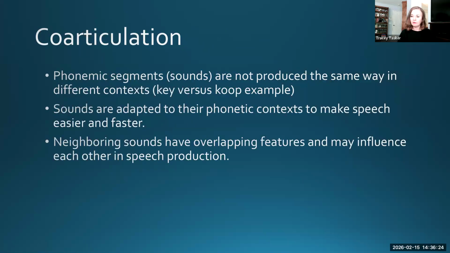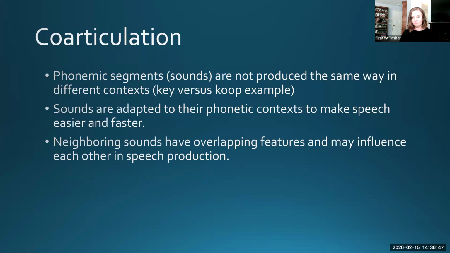So why do we do narrow transcription? One reason we might do it is to account for co-articulation, and we've talked about this a little bit. When we are producing sounds in words, for example, or even in syllables, the sounds that are adjacent to each other can influence how we produce the sound.